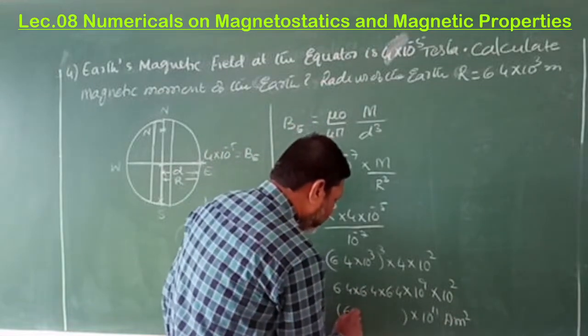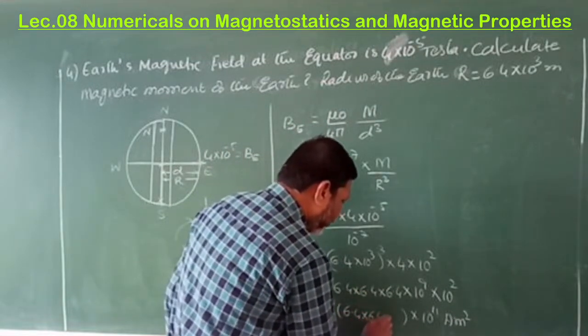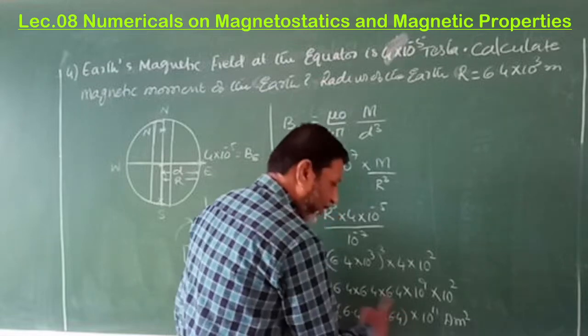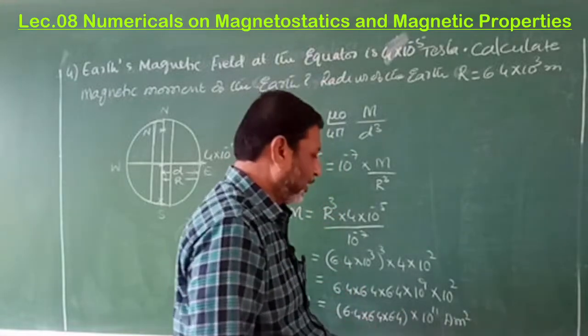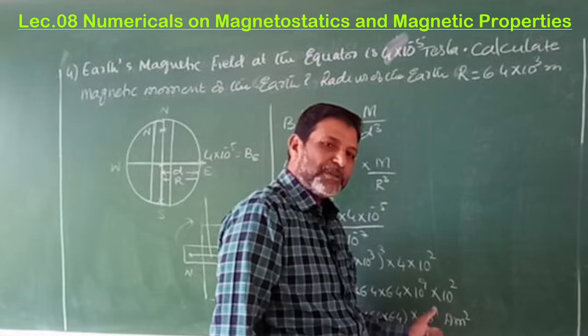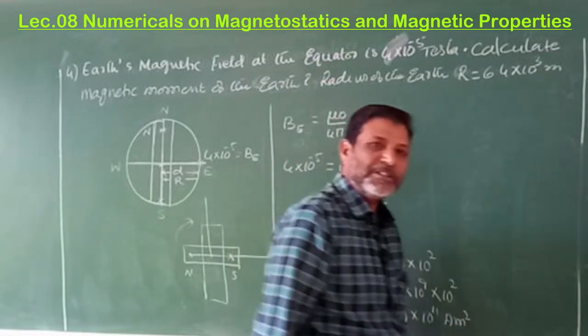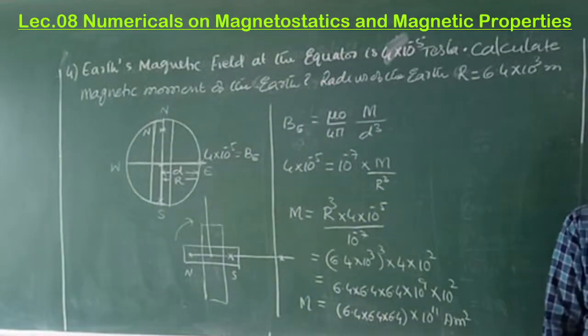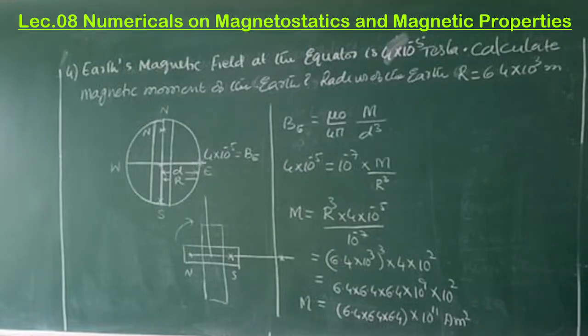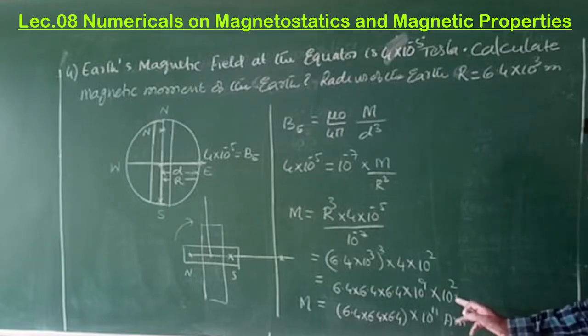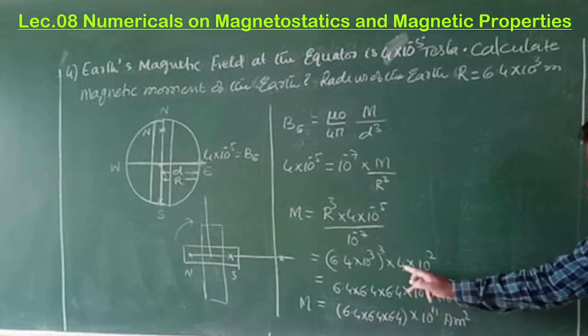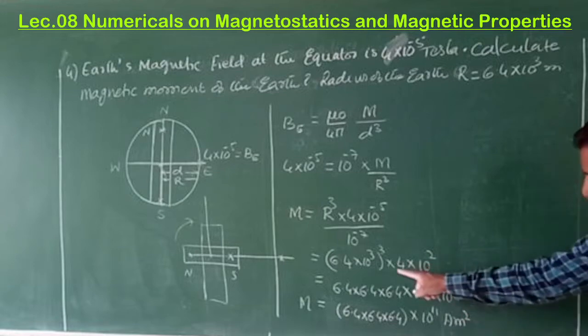Now this is 6.4 into 6.4 into 6.4. You calculate and simplify this, then multiply into 10 raised to 11, and you will get the Earth's magnetic moment. I forgot to put a value, that 4 is there here.